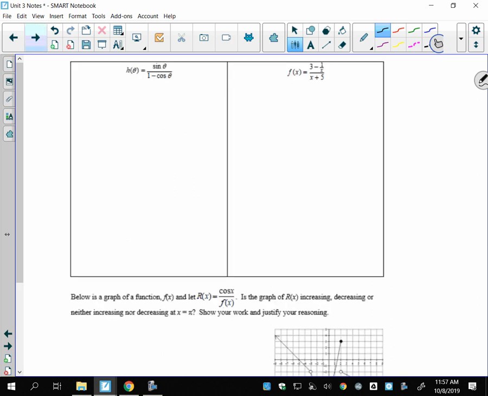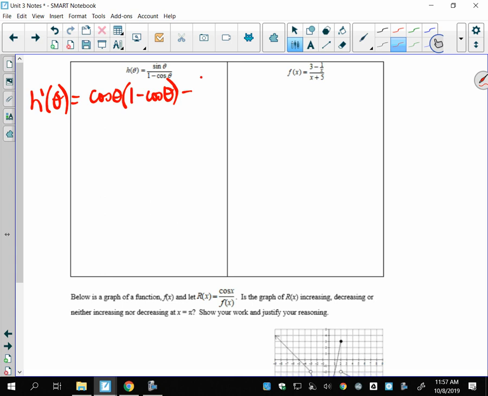All right, so let's go on and do a couple more of these in hopes that we can get through this in not too much time. On this one, I do the quotient rule because that's my only option, since I can't simplify that. I take the derivative of the top, the derivative of sine is cosine, times the bottom, which is 1 minus cosine theta, minus the derivative of 1 minus cosine, which would be negative sine, right?